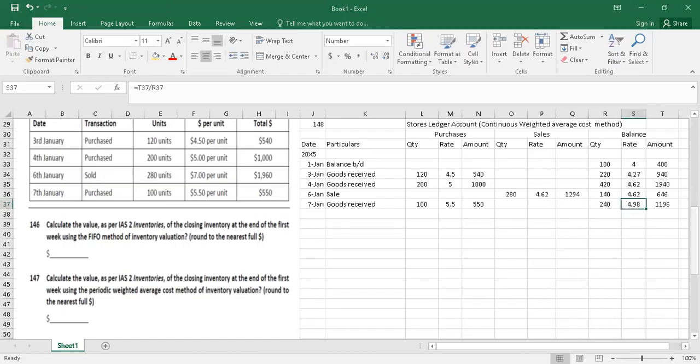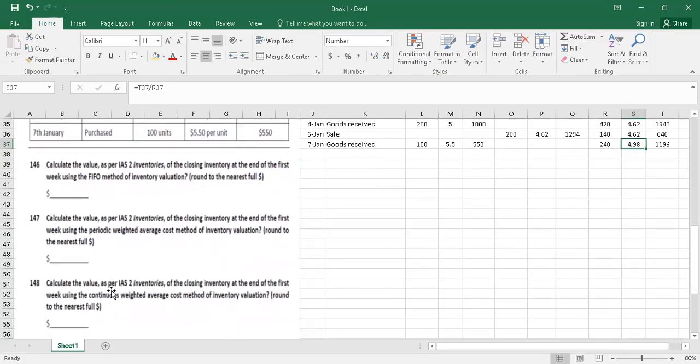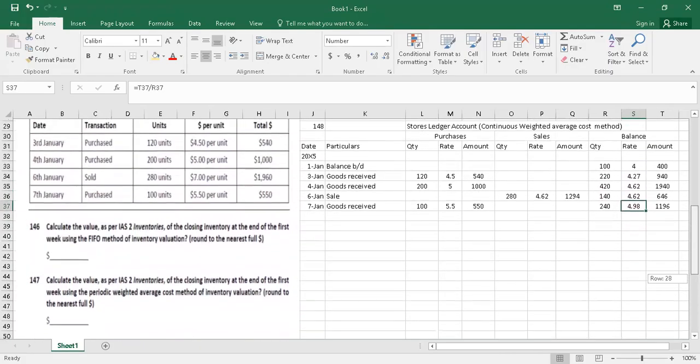So question number 148 says, find out the value of closing inventory according to continuous weighted average cost method.